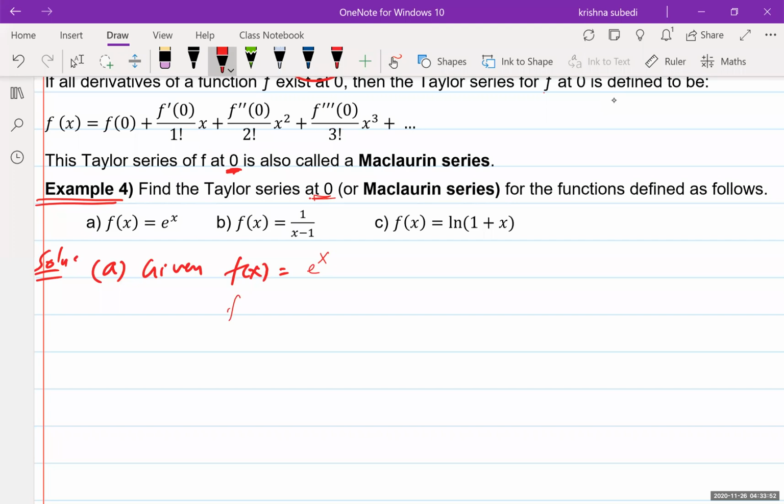What we need to do is find the derivatives, and so on. The derivative will be the same, and it's pretty much the same as we did earlier for the Taylor polynomial. So f of 0 is e to the 0, which is 1. f prime of 0 is e to the 0, which is 1.